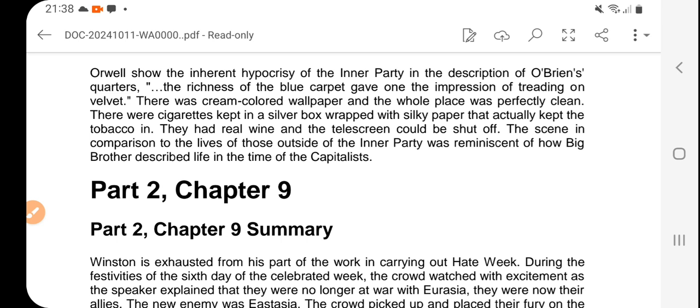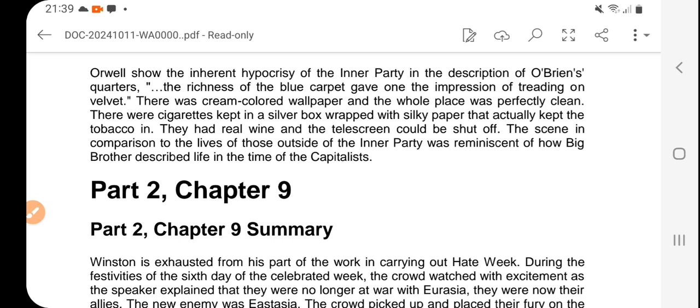The richness of the blue carpet gave one the impression of treading on velvet, meaning the very luxurious life Inner Party members lead. There was cream colored wallpaper, and the whole place was perfectly clean, a neat, well maintained and very big house.